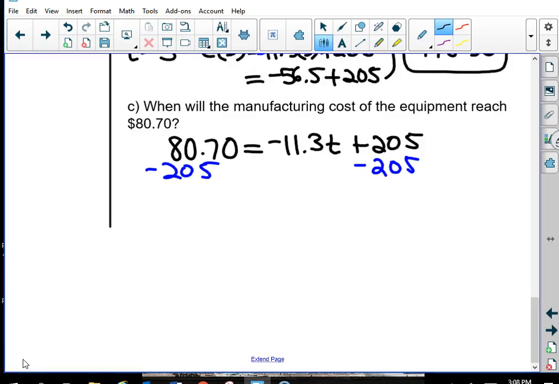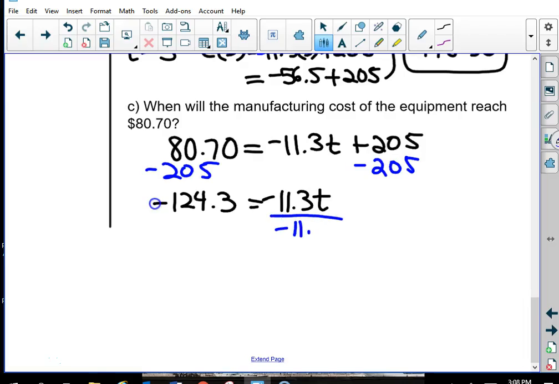All right, 80.70 minus 205 is negative 124.3. Do some division, and we get the final answer of 11 years.